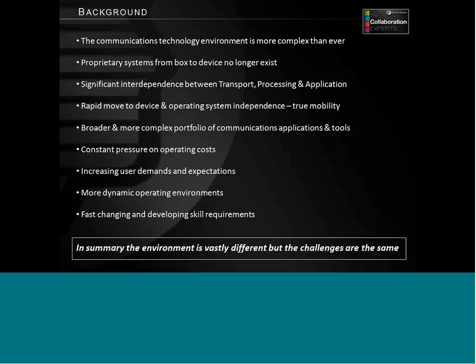And all this is occurring around a constant pressure that every company has on their operating costs. So we've basically got increasing user demands, increasing expectations, more dynamic operating environments from a company perspective, and less money to do more with. And so it's quite a challenge.